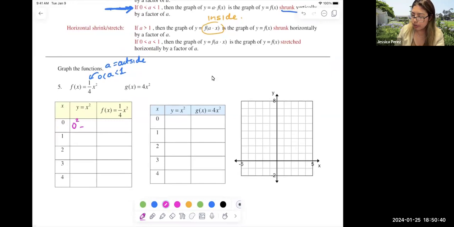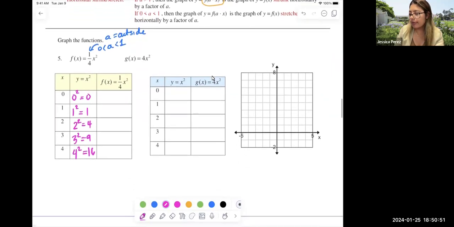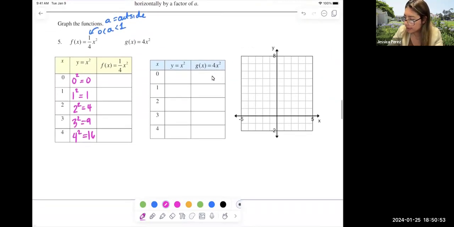So 0 squared is 0, 1 squared is 1, 2 squared is 4, 3 squared is 9, and 4 squared is 16. So we're going to be graphing our x squared values. So 0, 0, 1, 1, 2, 4, and then we have 3.